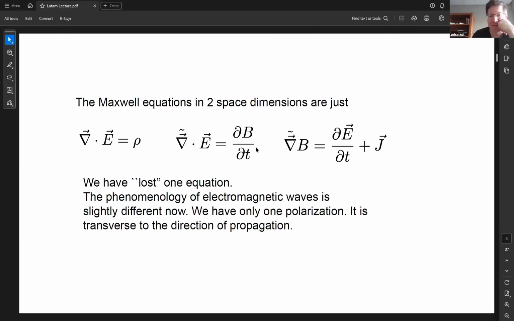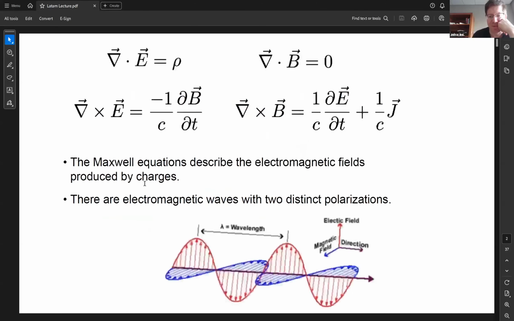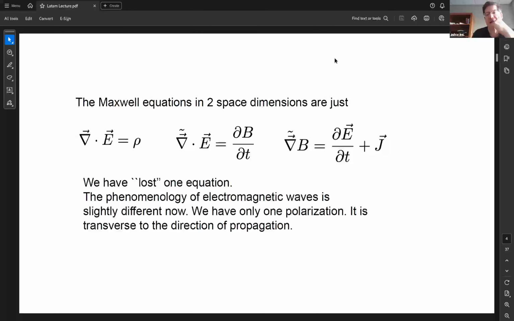We see that instead of 4 equations, we only have 3 equations. If you just compare the two slides, we see that we have lost one equation. When we go from 3+1 to 2+1, we have essentially lost the equation that the magnetic field is divergenceless. And that's because the magnetic field is no longer a vector, as I said.